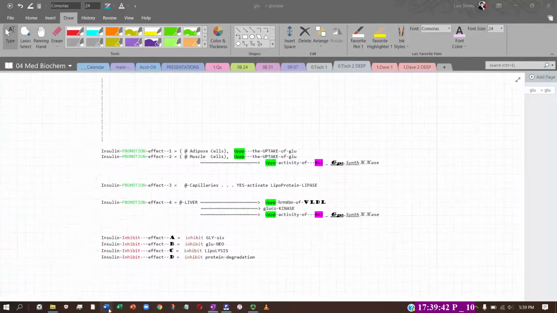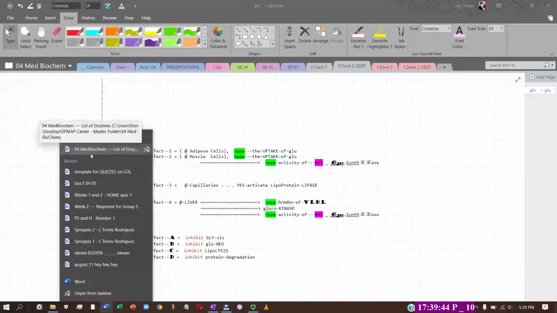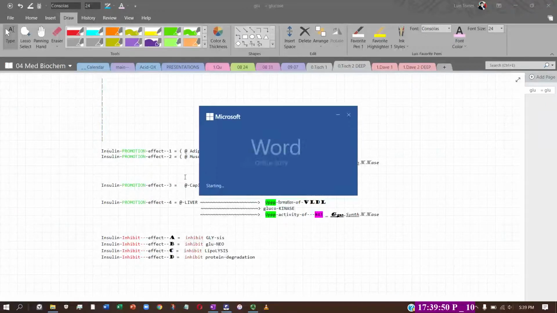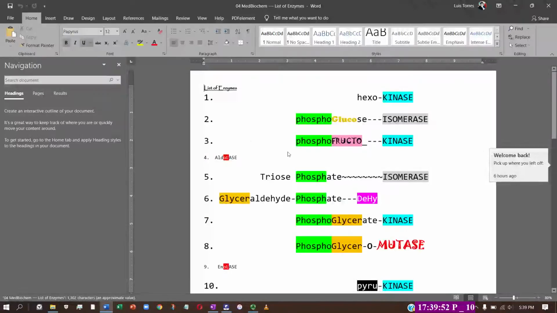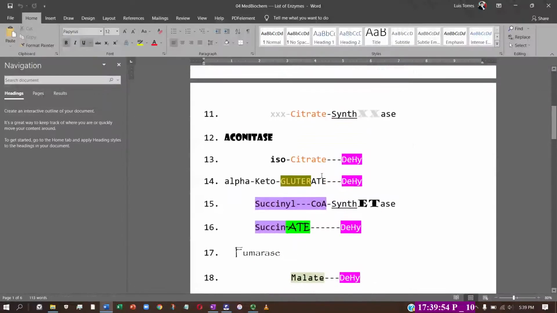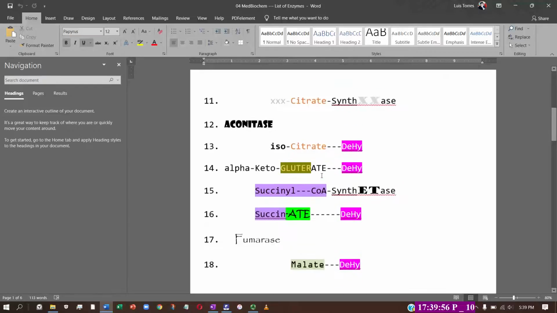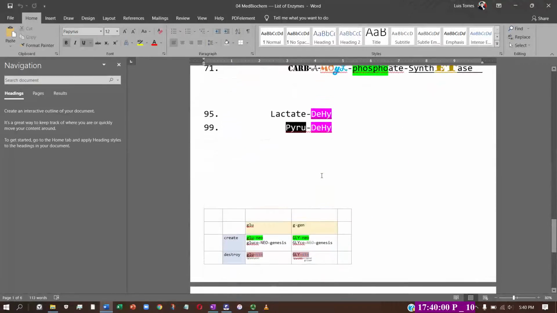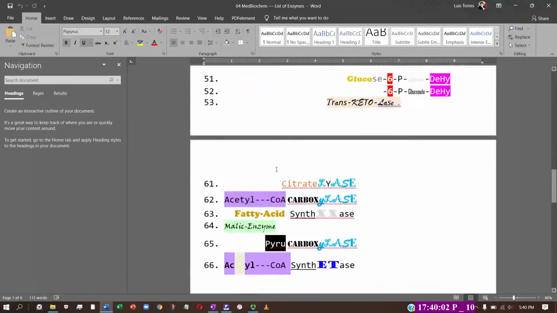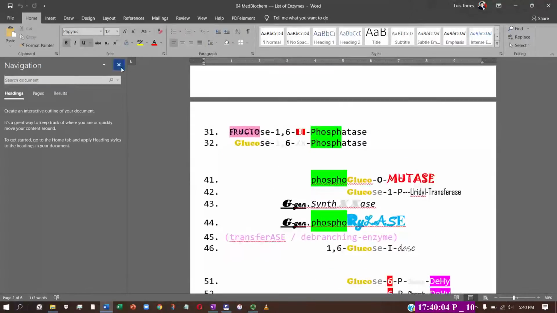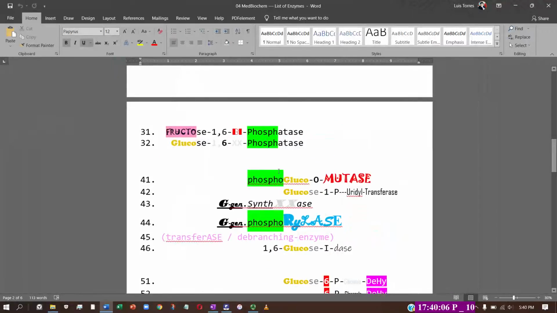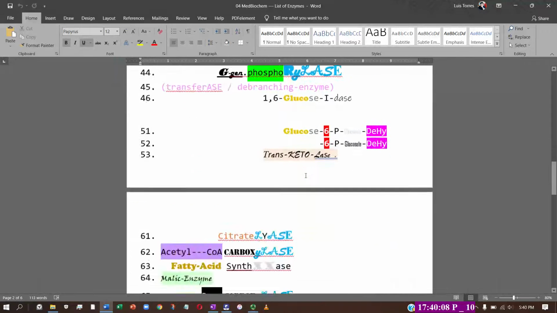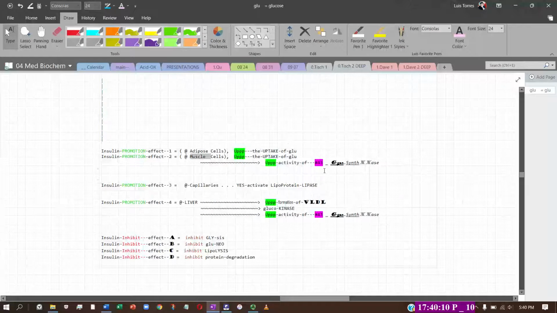And this is a reference to something different. I fell back in studying. So there was no video for this, but here is the list of enzymes to which this is referencing.